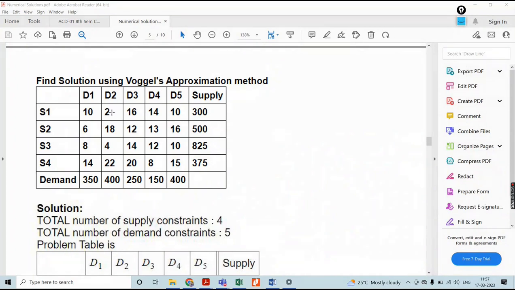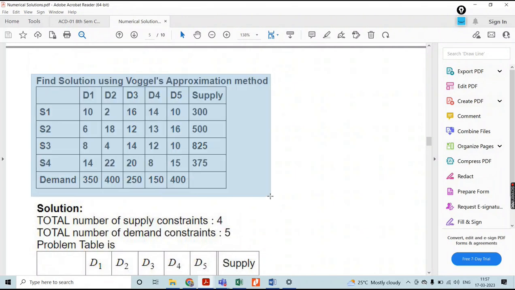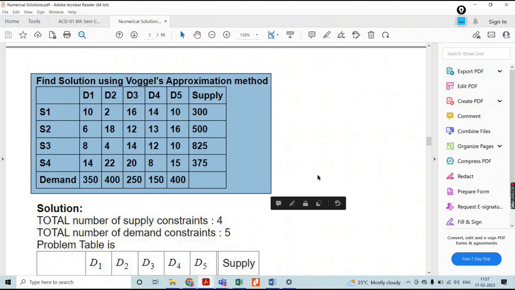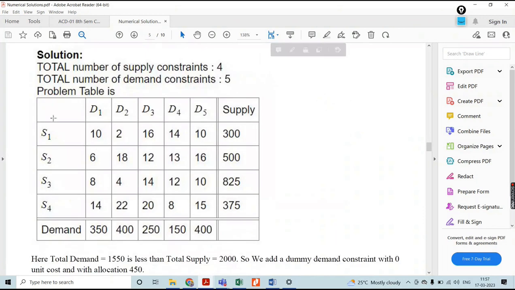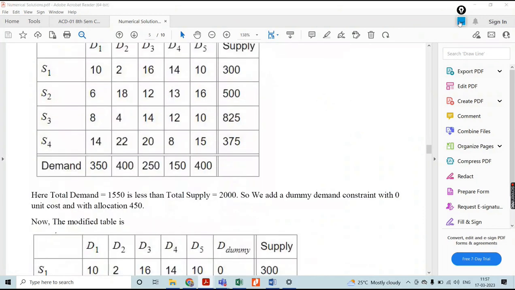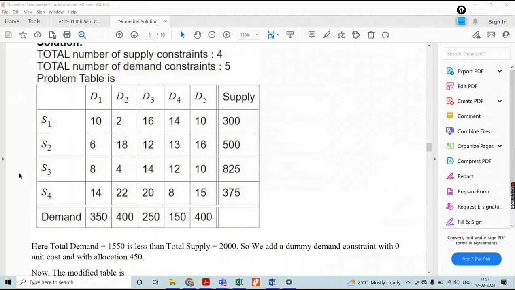Next, as I said, this is an unbalanced numerical, so I need to add a dummy column. We verified balanced or unbalanced, because the total is 2000, and next is 1550. The difference is 450. The constant cost is 0 rupees, which you have to assume. Once you make this assumption, you can proceed to create the new table.